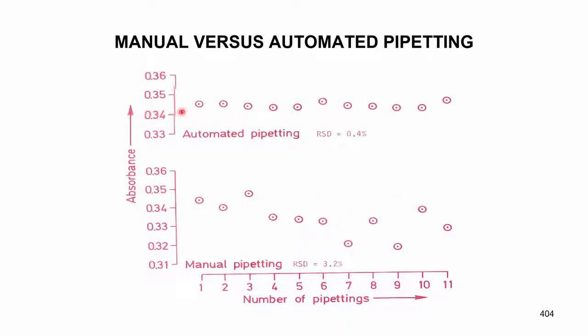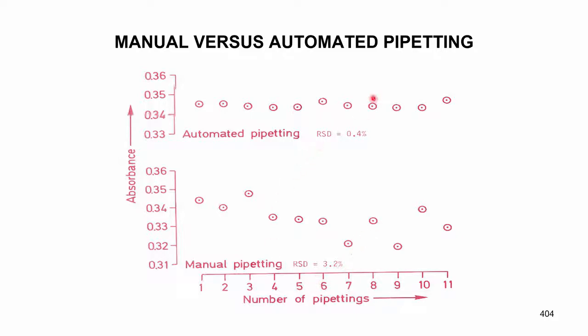You can see that 99% of the time my readings here are between 0.34 and 0.35, correct. But here, if I do the same with manual pipetting, I have 0.34, some are around 0.32, some of them are 0.35, and the spread goes to 0.318 or something like that, they are also there.